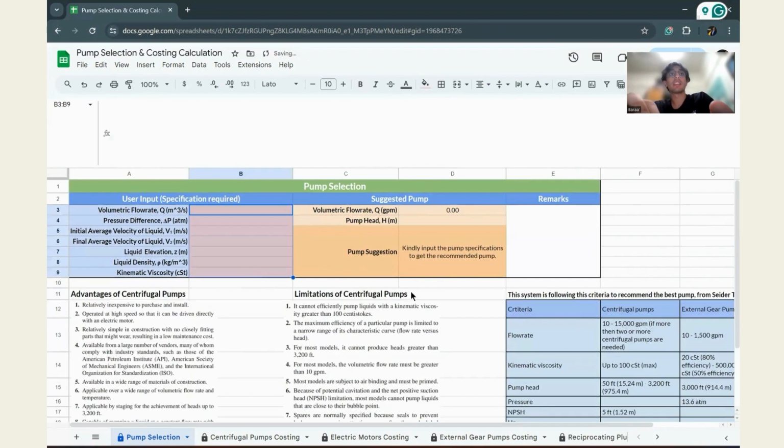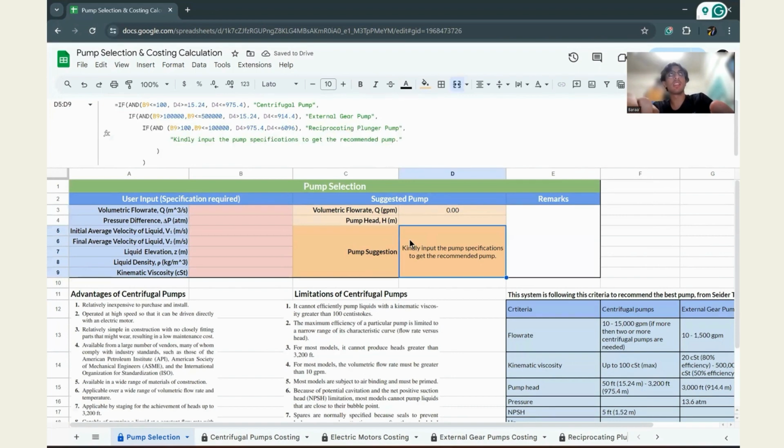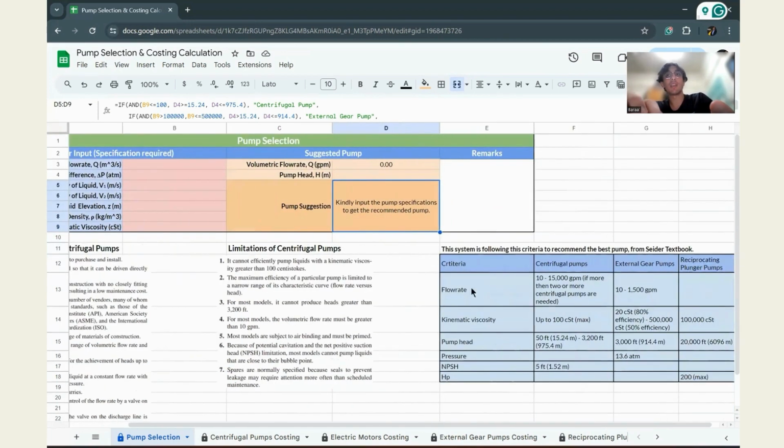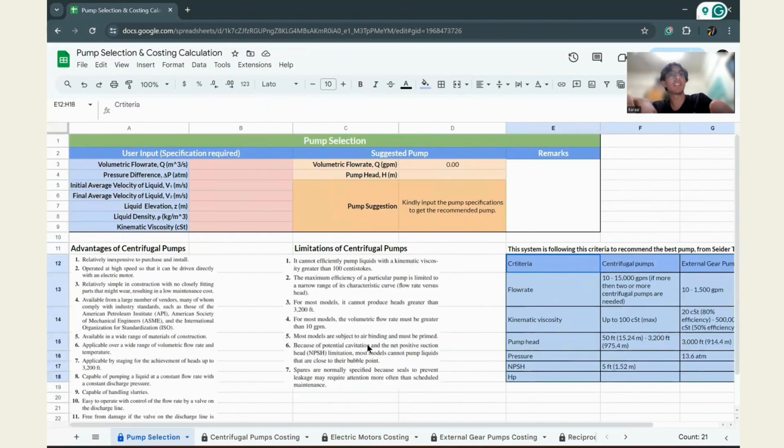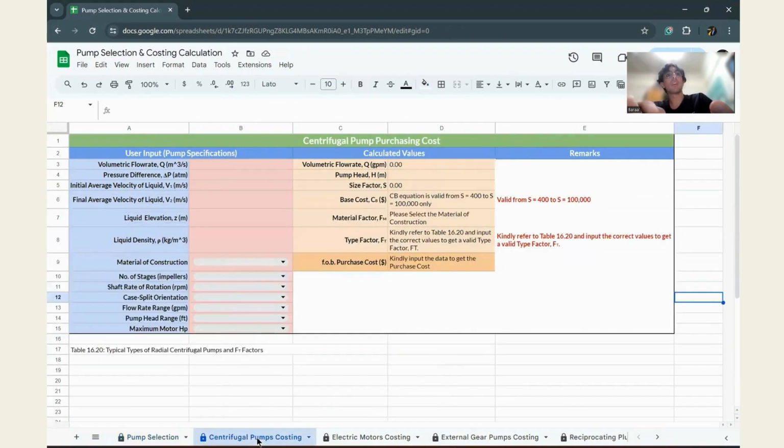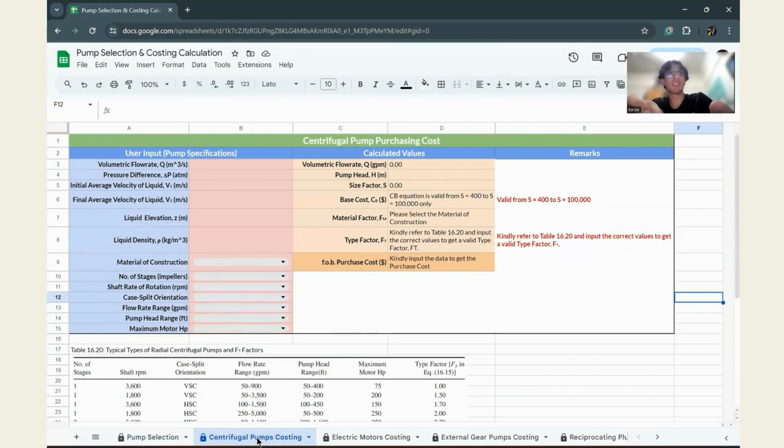And take note that this is just a system depending on calculation only, while you need to have the understanding of the criteria and also the limitations of the pumps to be able to select. After this, let's say we start with the centrifugal pump first.